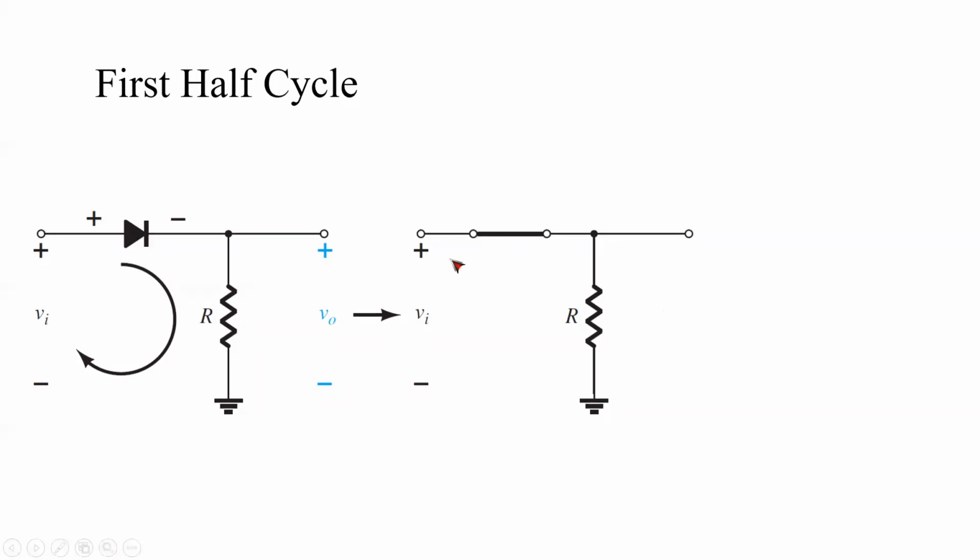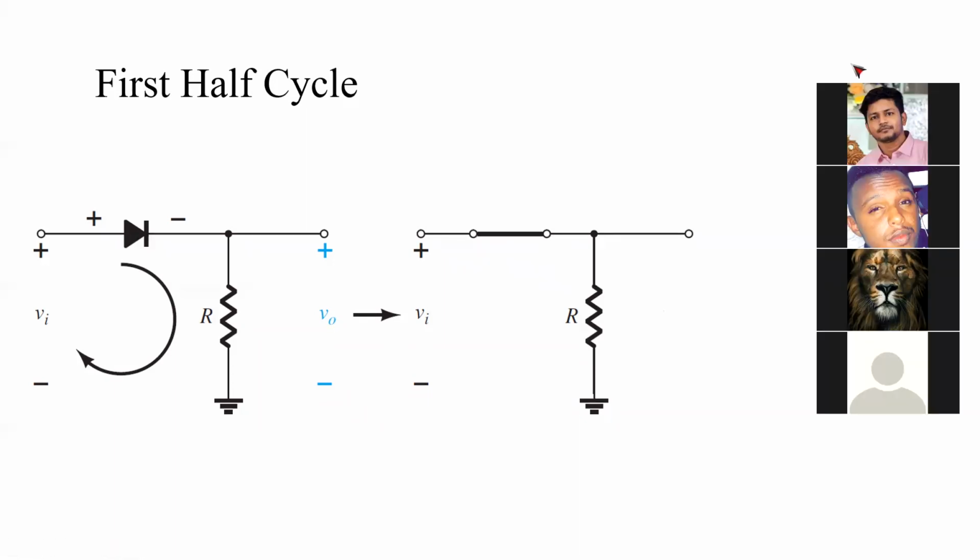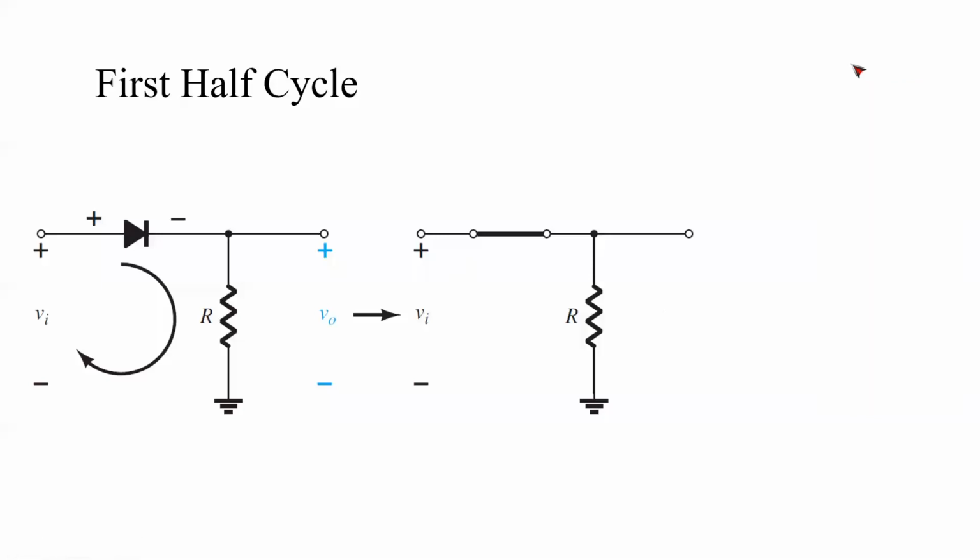But since you have only one resistor, all the voltage you are giving will accumulate on the resistor. That means whatever you give, you will get the exact same voltage.